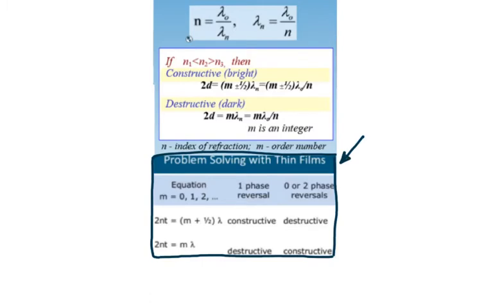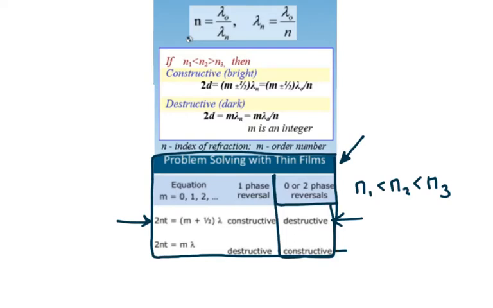If you have the twice-refracted case, that is, N1 is less than N2 and N2 is less than N3, then you have this case. You have destructive interference when you have twice the distance as many wavelengths as the thickness.